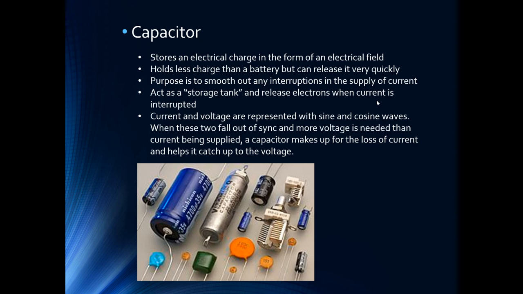So that's your storage tank for the water, and you have a constant flow coming out of the bottom of the tank. A capacitor works that same way. It's a storage tank that stores up an electrical charge so that if there's an interruption in the current, it can release some of those electrons very quickly and keep that current stable.